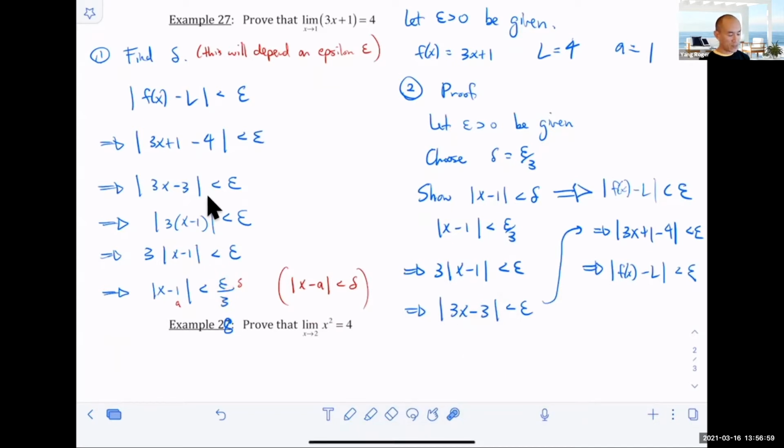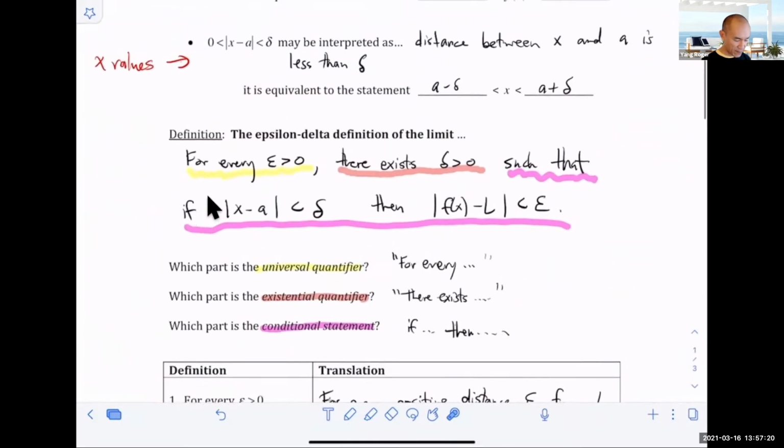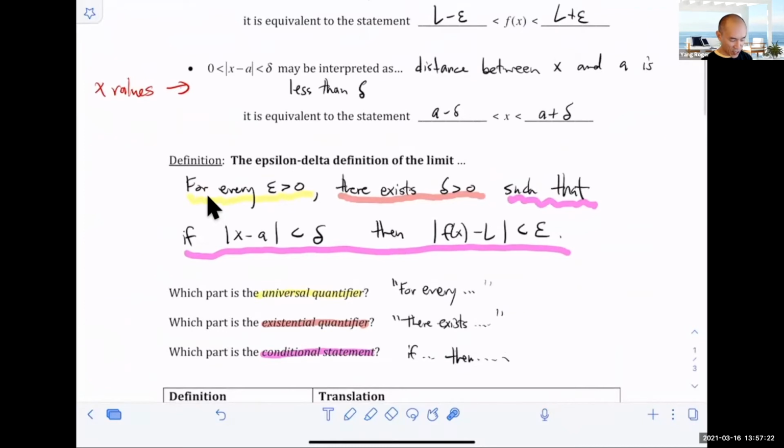So in this particular case, I start off with the conclusion of my precise limit definition, and I work backwards to figure out what the x minus a was less than, and whatever number here, that's going to be my delta. So if I go back to my definition, we went backwards.